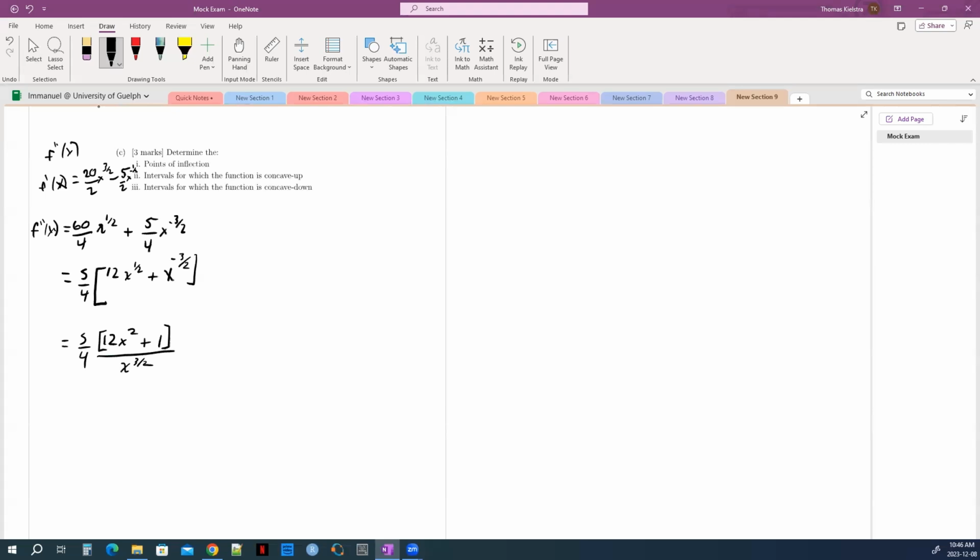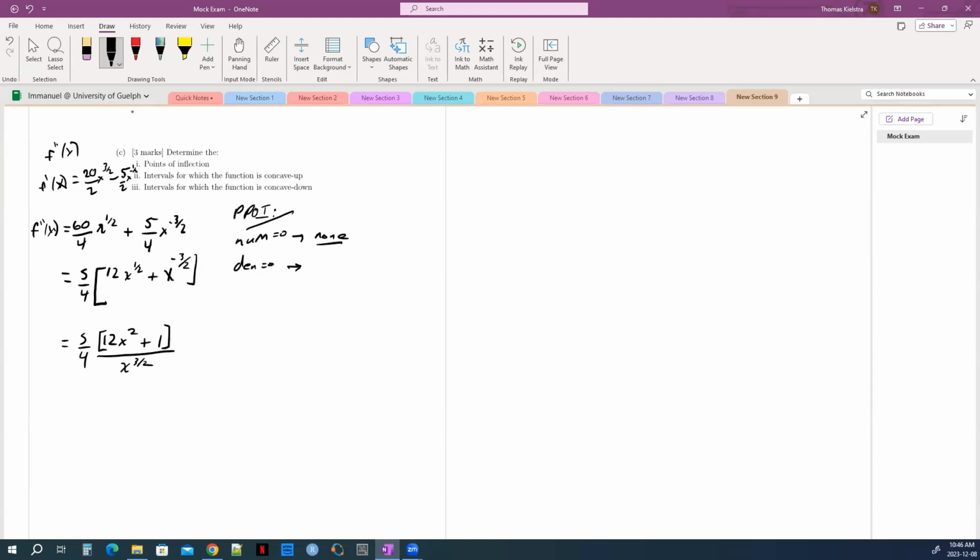And what we're looking at is our possible points of inflection. Our possible points of inflection are the numerator equaling 0, or our denominator equaling 0. And here, there's no values of x for which the numerator equals 0.